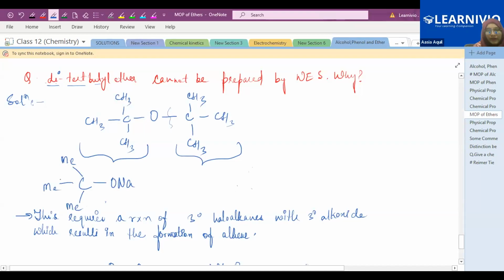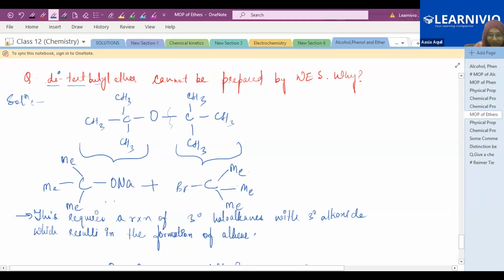Plus this one will form CH3 carbon, and here you can add any halogen. I'm just putting bromine over there, with methyl, methyl group, and methyl. So this tertiary butyl ether must be formed by the reaction of these two.